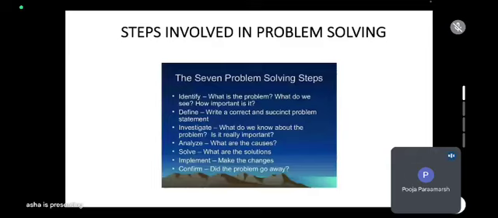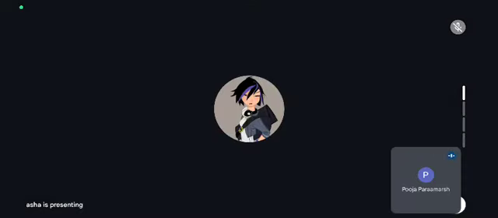The second one is the definition of a problem and its representation. Once you find out what is the problem, think on how to solve it. For example, when we are writing the exam paper, we get all the information.